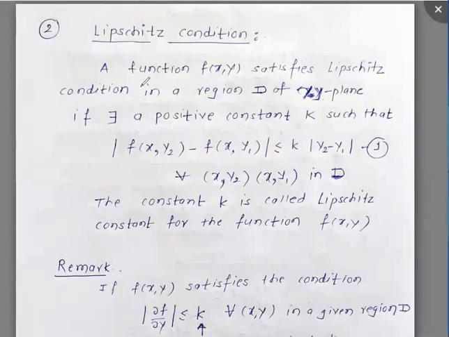Now next we define the Lipschitz condition.